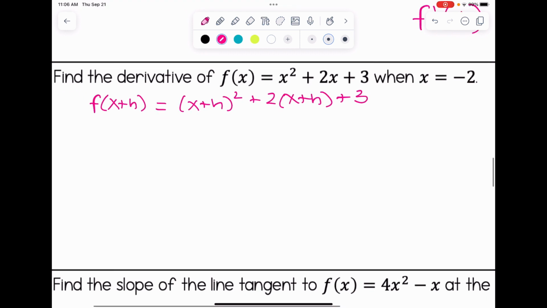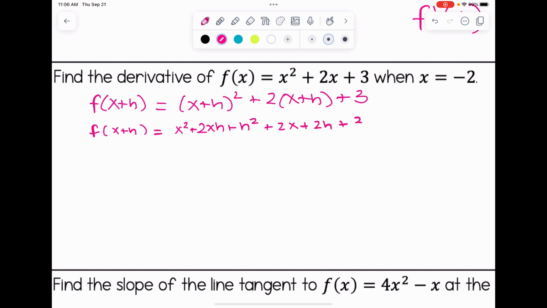I'm going to zoom in a bit here. x plus h squared, that's multiplying that binomial by itself. And you'll see that we do that a lot in these questions, so you might end up memorizing that x plus h squared is always x squared plus 2xh plus h squared. I'm going to distribute here, and that's what f of x plus h is.